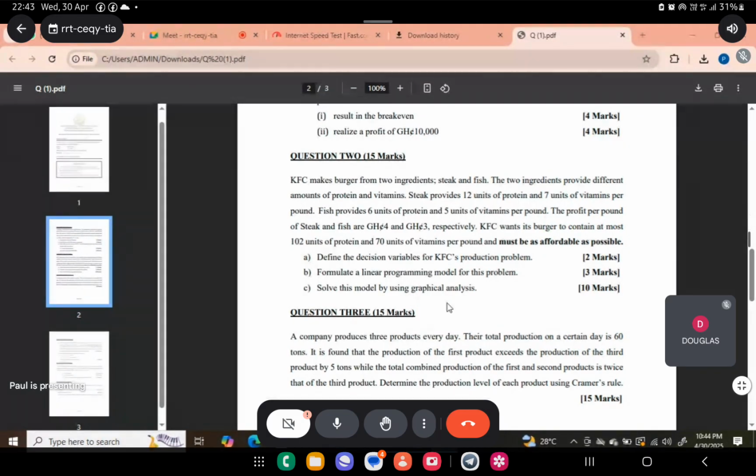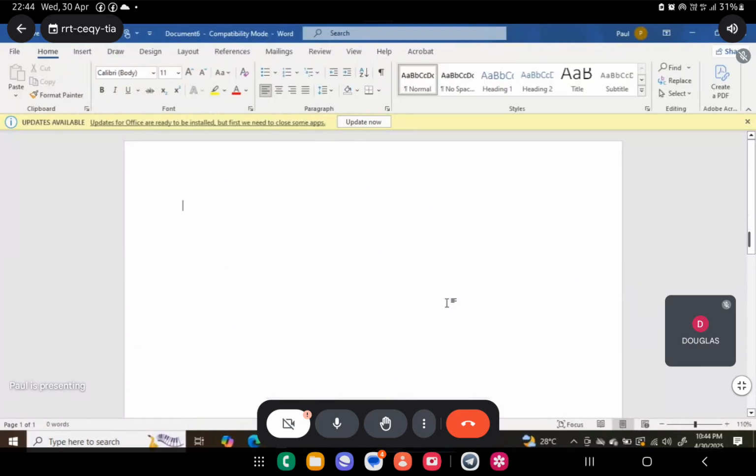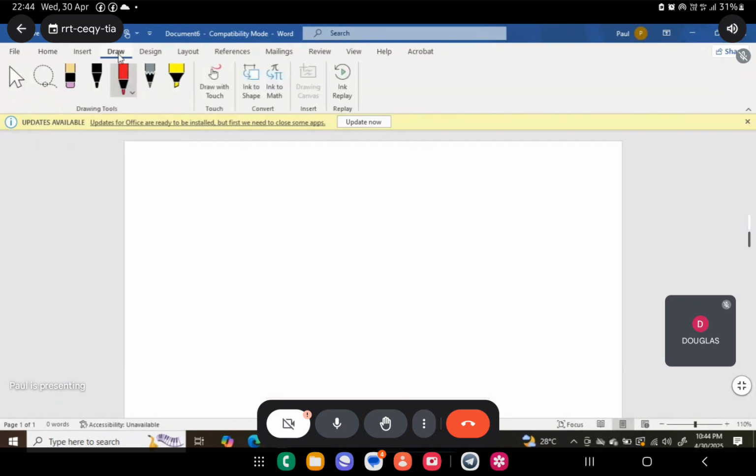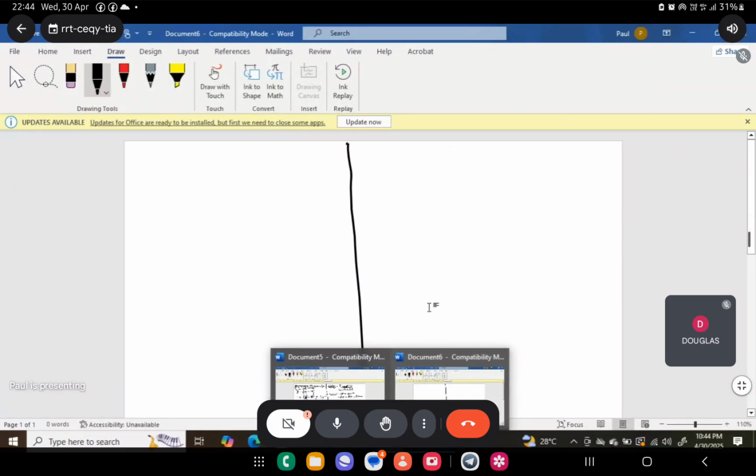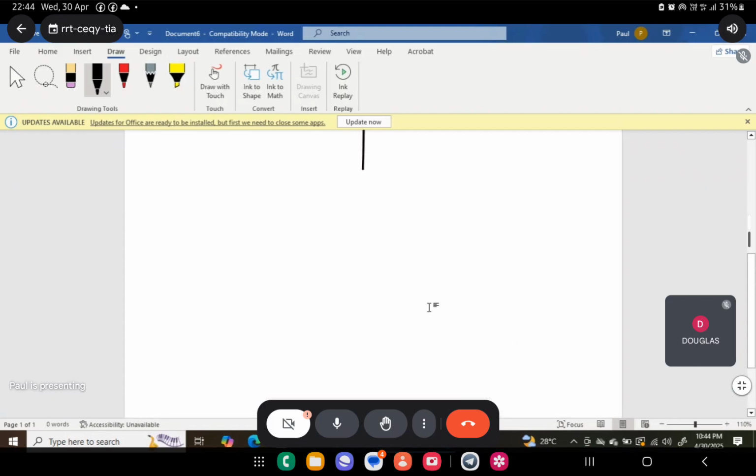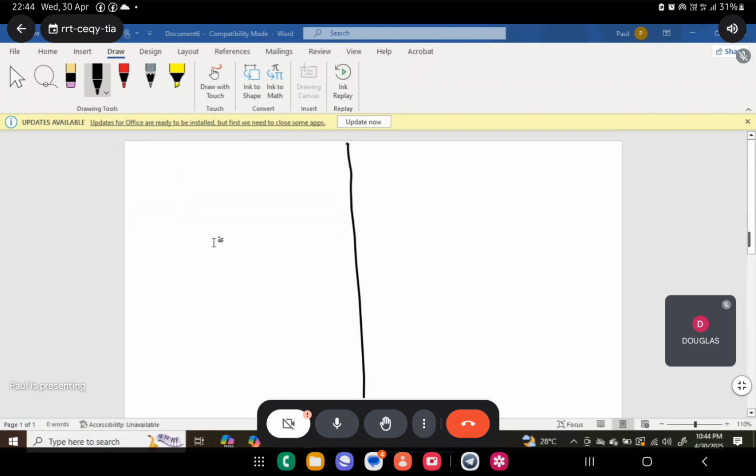Now, let me restructure. It says that KFC produces a burger from two ingredients: steak and fish.